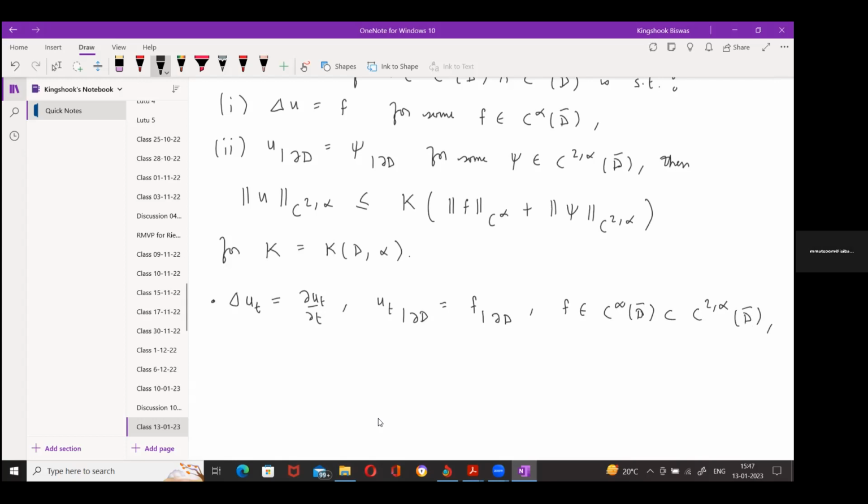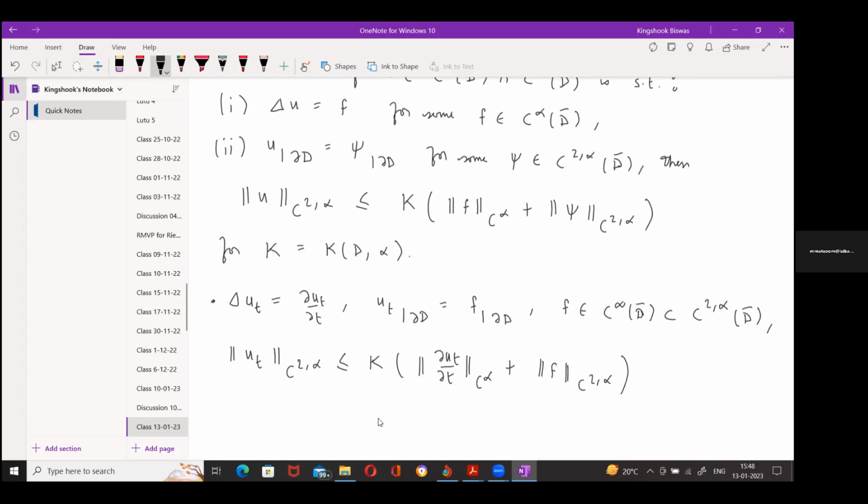Okay, so what I'll get is an estimate that the C2 alpha norm of u_t will be less than a constant times the C alpha norm of del u_t del t, plus a fixed constant times the C2 alpha norm of f, for u_t a solution of the heat equation.